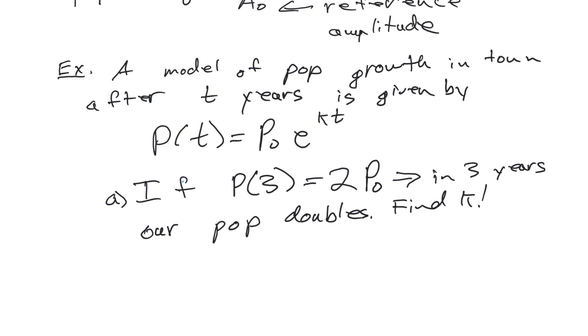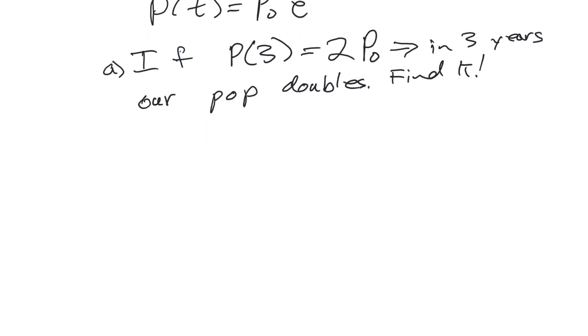So in order to find k, this is what we're going to do. You basically start by saying P of 3 is equal to P0 e to the 3k.